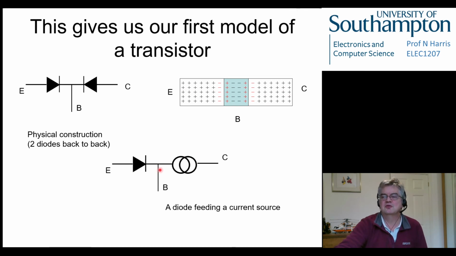So we've made this current source. The first model of our transistor could be a diode driving a current source of some description, and we just put the wires on accordingly. That's starting to look like something that we might be able to analyze, or at least understand in the circuit diagram.